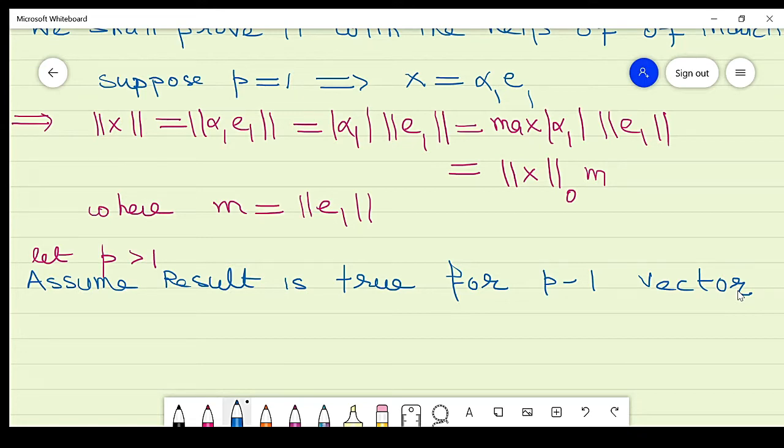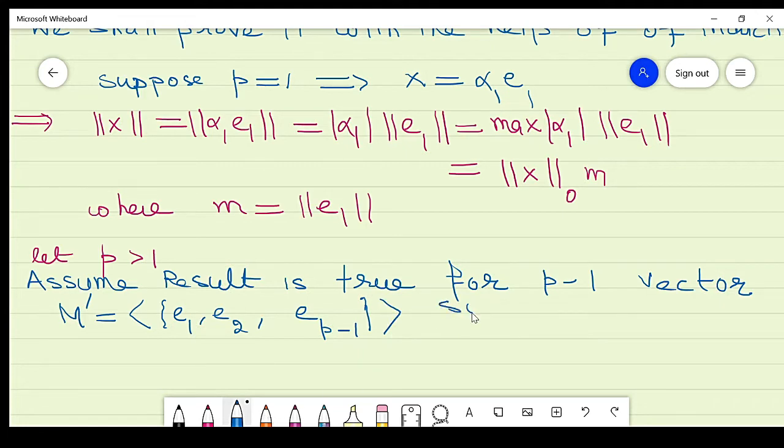So I assume this is true for p minus 1 vectors. I take a new subspace M dash. This M dash is the subspace spanned by p minus 1 vectors, e1, e2, up to e(p minus 1), because our result is true for p minus 1 terms.